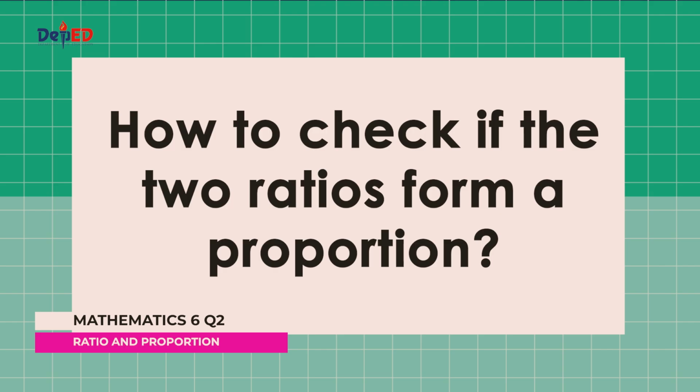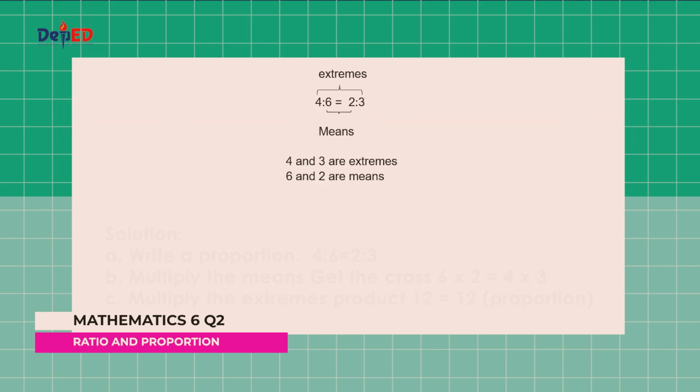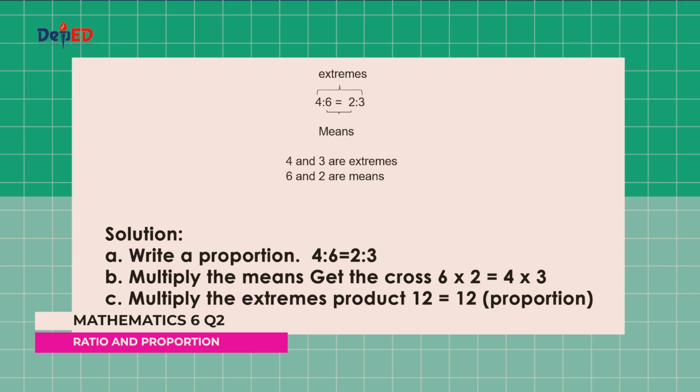How do we check if two ratios form a proportion? Here is the solution. First, you write the proportion. 4:6 equals 2:3. Multiply the means and multiply the extremes.